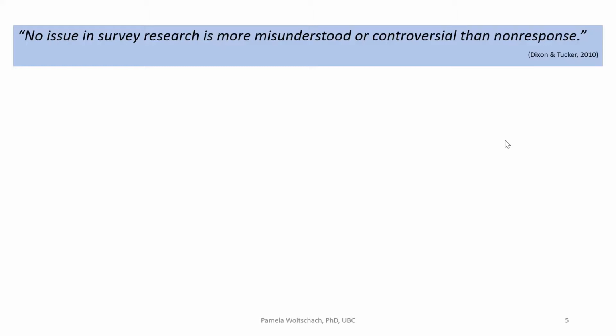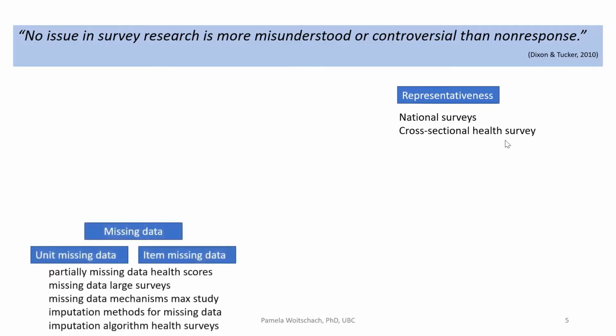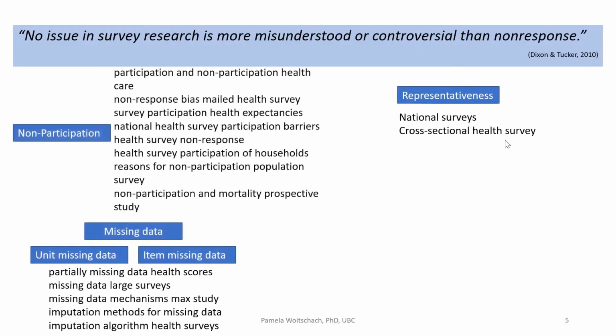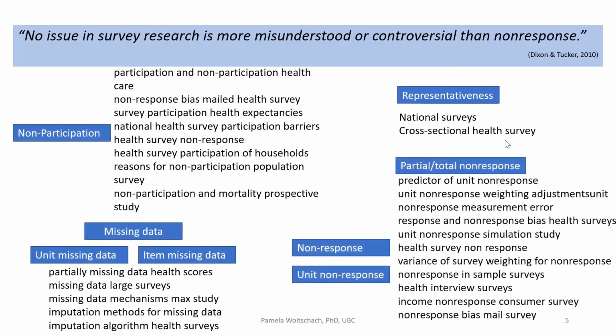Unit non-response is a phenomenon that can be analyzed from different perspectives. As we stated before, it can be seen as a representativeness issue or a missing data one. We can also talk about non-participation, or we can classify it as a partial total non-response or unit non-response.